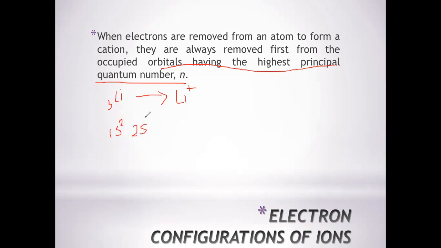You have to remove one electron to form Li+. Why here? As they said, you first remove from the highest principal quantum number. Here you can see 1 and 2. Therefore, 2 is the highest one, so you remove from it.